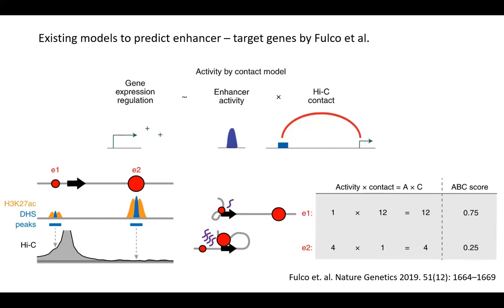So if you have an effect of 12 versus 4, then you measure it as 75% from E1, 25% from E2, something like that. So conceptually, they came up with this model based on what they know about how enhancers work in driving the promoter gene expression.